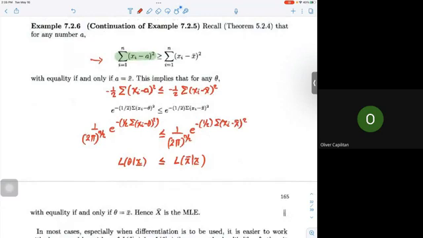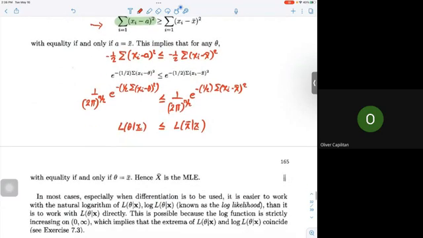That would imply that the likelihood is maximized, no? The likelihood function is being maximized when the value of theta, or the estimate of theta, is equal to our sample mean x bar. That's why the maximum likelihood estimator of our parameter theta, which is a function of our sample, is x bar.